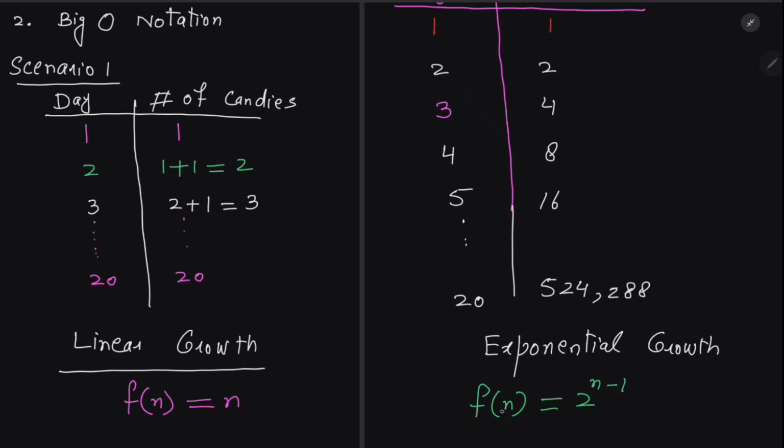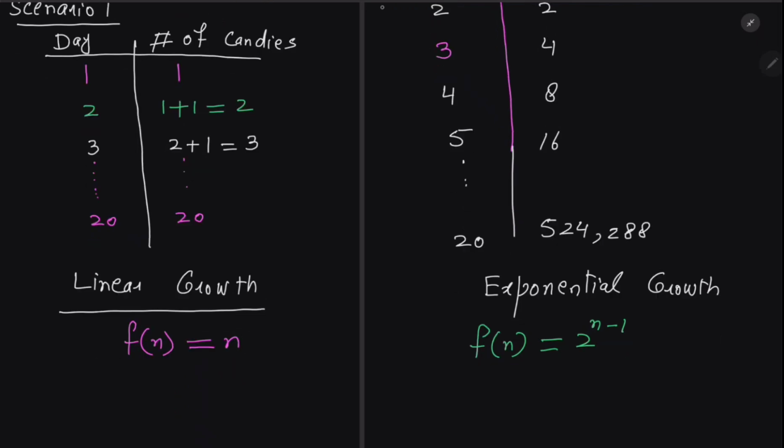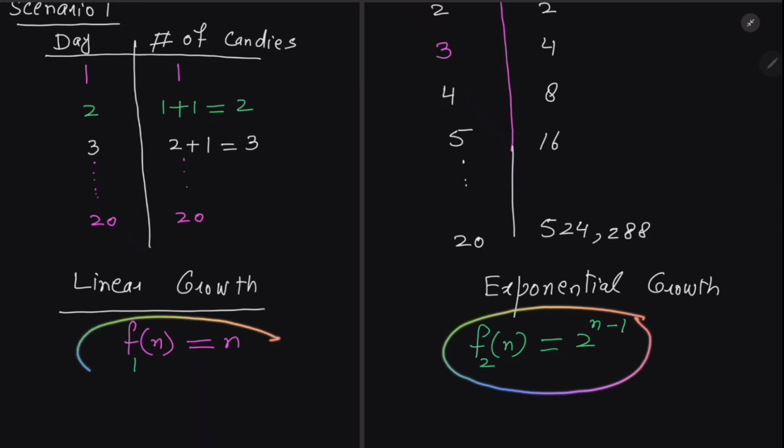For n equal to 1, you have 1, and then 2, and so on. So these two functions, f1 and f2, are not the same in terms of growth. The growth of the second function is exponential. The growth of the first function is linear.